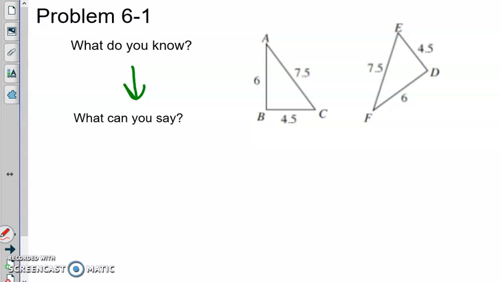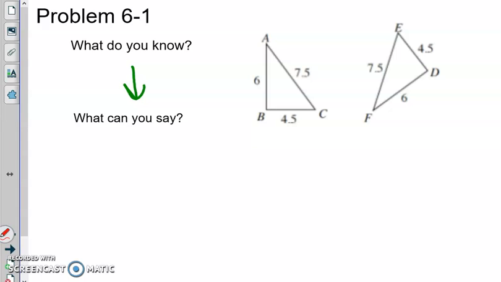So the first problem in 6.1 is asking you to create a flowchart. Now we've not done flowcharts, there's very little discussion about flowcharts at this point. So whenever I introduce the idea of flowcharts, there are two critical questions. When you look at a picture, what do we know? Sometimes the information may be given to us. Sometimes we have a definition or a rule, such as the angle sum rule, for example, or, if you have parallel lines, all interior angles are equal in measure.